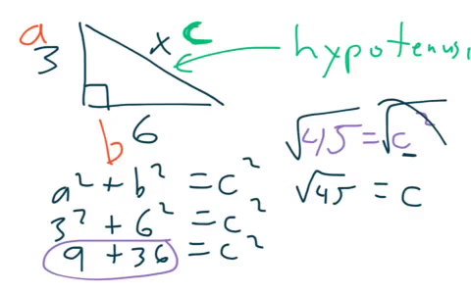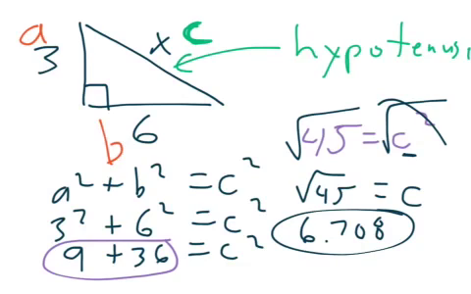And using the calculator, the square root of 45 is 6.708. So I now know that C right there, the missing side, has the length of 6.708. Now that's the most common one that you guys like to do. You square, you add, you take the square root.